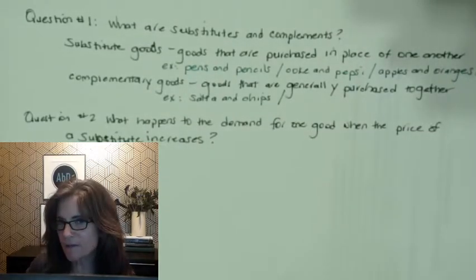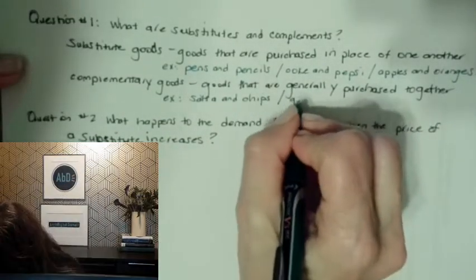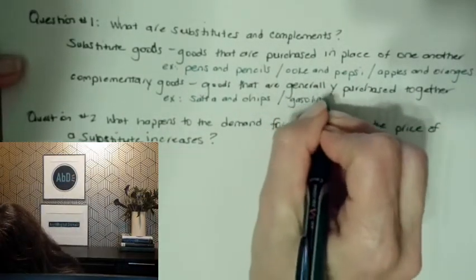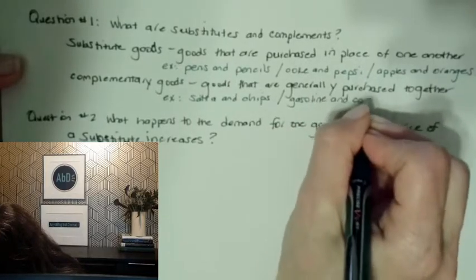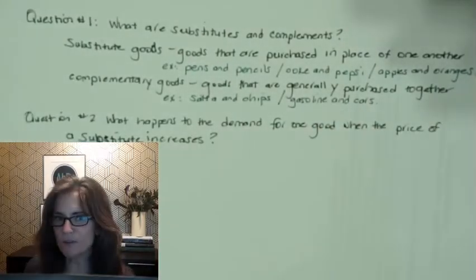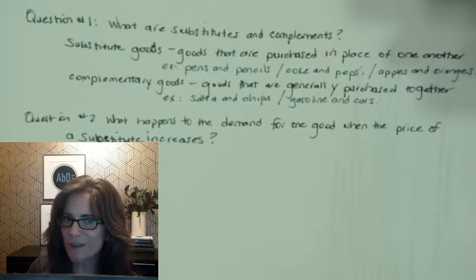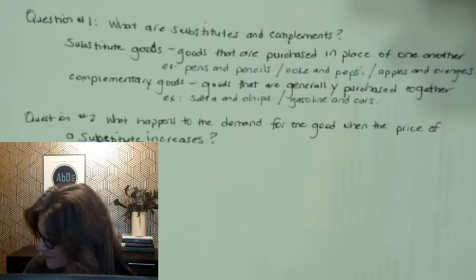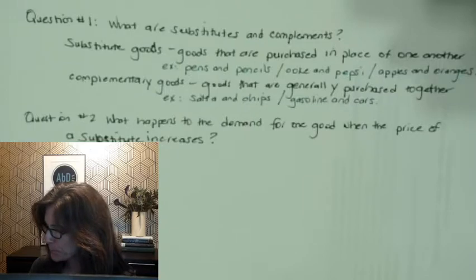And something like gasoline and cars. Which are not purchased at all times together, but you do need to have a car to purchase gasoline. They're purchased together in that way.